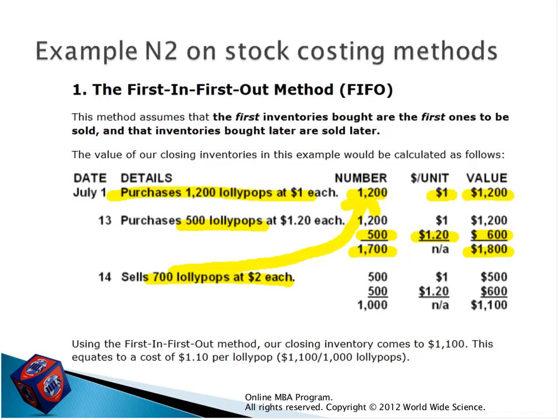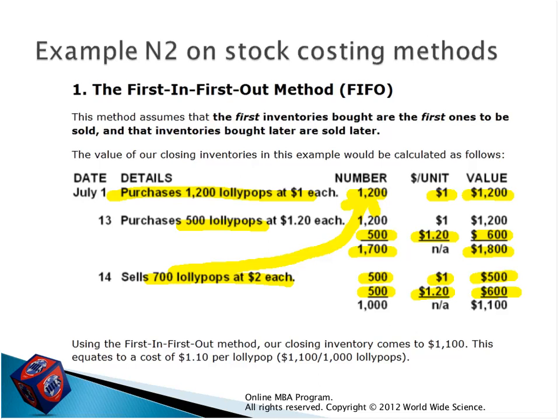And as the balance, we have 500 left from the first purchase, bought at $1 each, totaling $500. And then we also have the inventory left from the second purchase, which is 500, remaining the same at $1.20 and valued at $600.